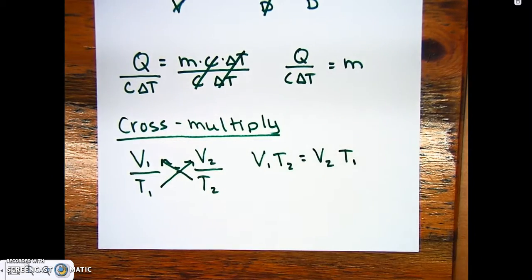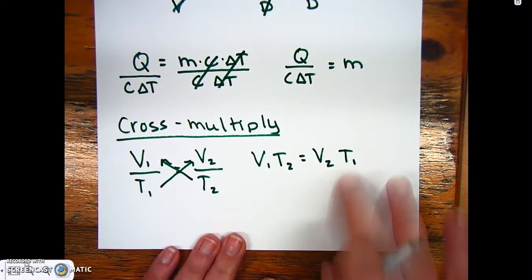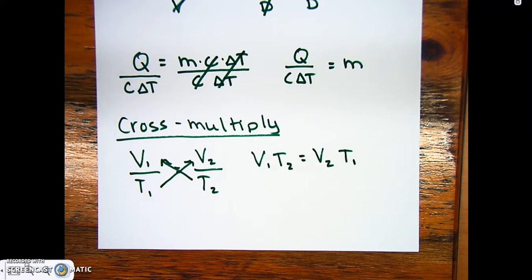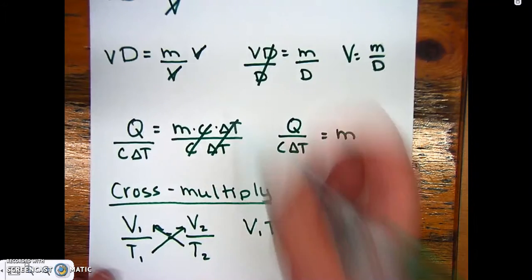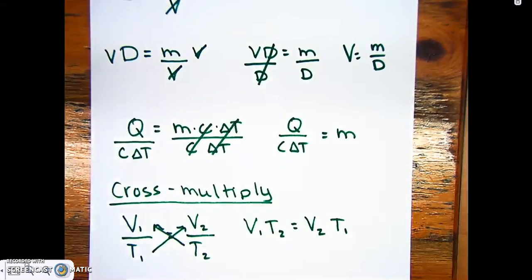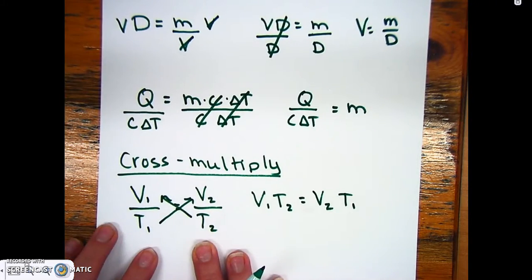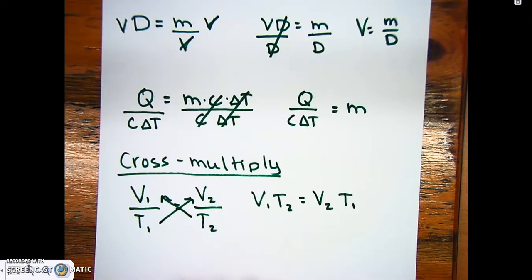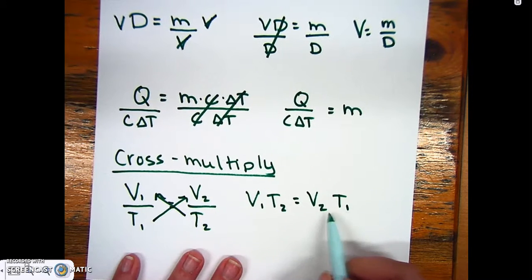Right? Now, I'm not quite there yet. I still need to get T1 by itself, but at least I get all of my variables off the bottoms of my fractions, and I don't have to worry about the mistake up here where we end up with 1 over V or something like that. So I usually just cross multiply at first when I have fractions, and then I can look and see, all right, I need to get T1 by itself.